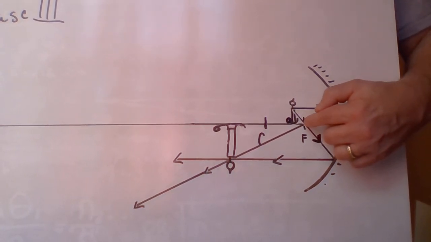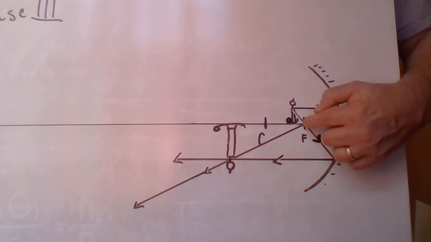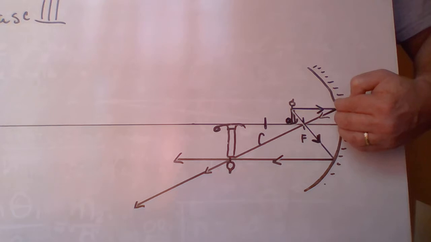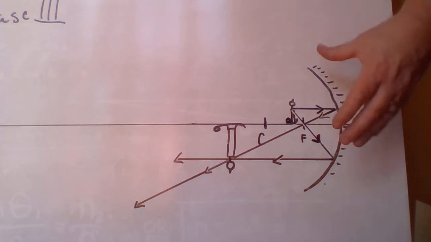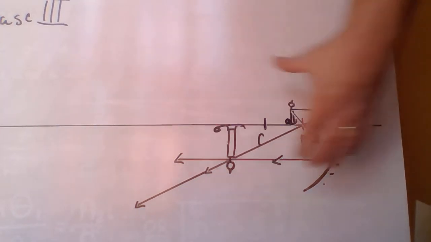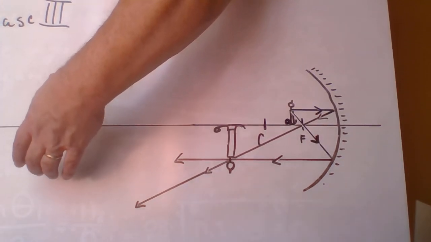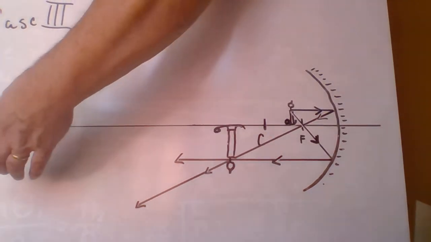Now, this is the way that you would use this for a flashlight or a headlight. You put the light right here at the focus, and all of the light that's going this way away from that light bulb will get reflected back, and it would form a parallel, nice, straight, intense beam going out from here.